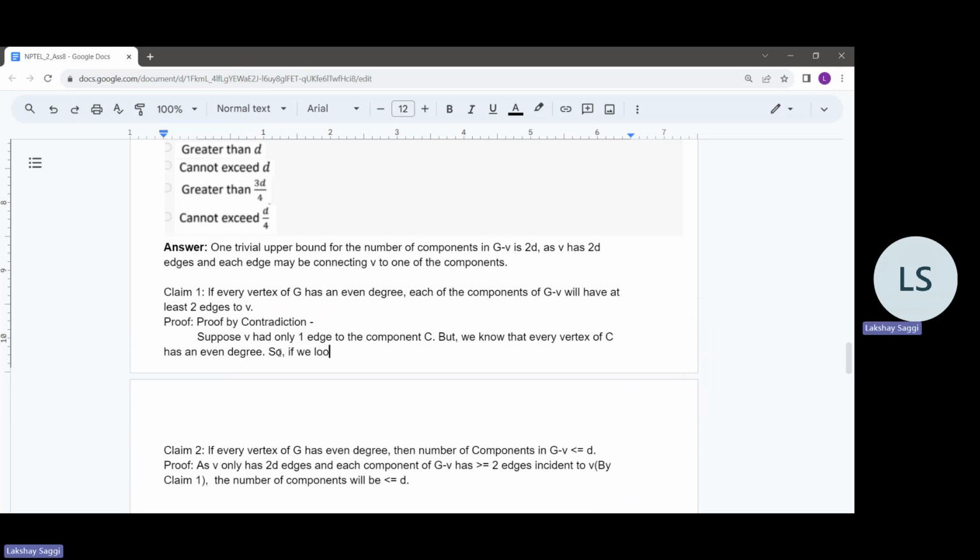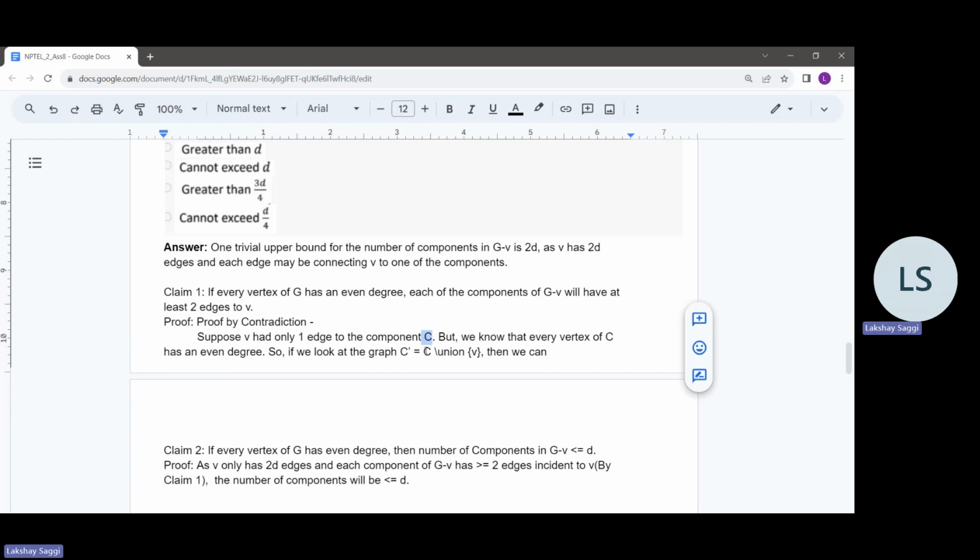So if we look at the graph C prime, which is equal to C union V, then we can sort of see. So basically, we had this component C, right?